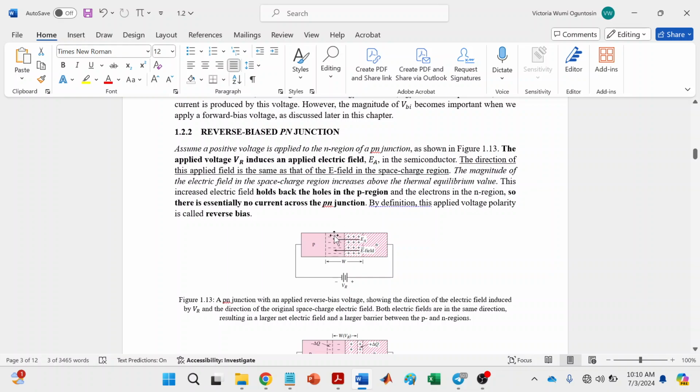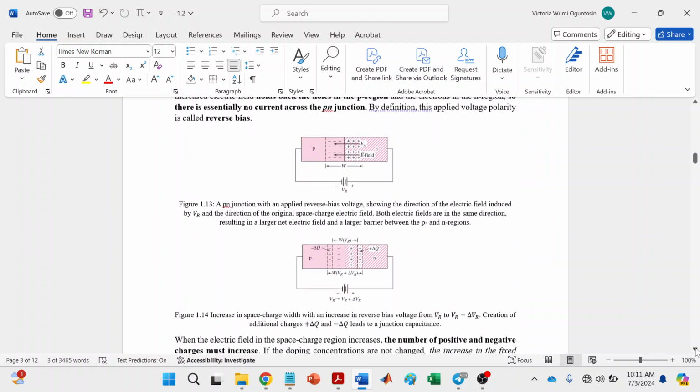So this increase in electric field is going to hold back the holes in the P region, and is going to hold back the electrons in the N region, so that no current will be able to flow across the PN junction. So we call this case reverse bias voltage, because the voltage that is being applied is going to result in no current flowing across the PN junction.